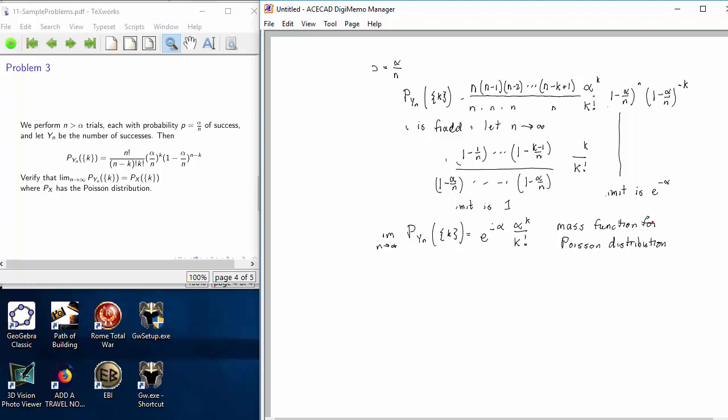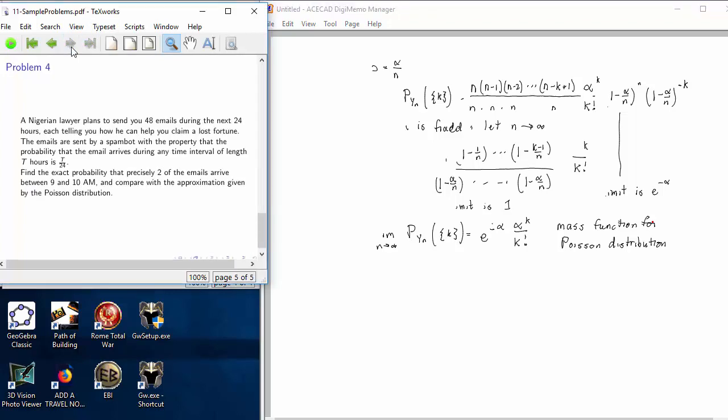And problem 4 is a simple application of this. The mythical Nigerian lawyer is going to send you in the next 24 hours 48 spam emails explaining how he can help you claim a lost fortune if you just provide him with a little upfront money.